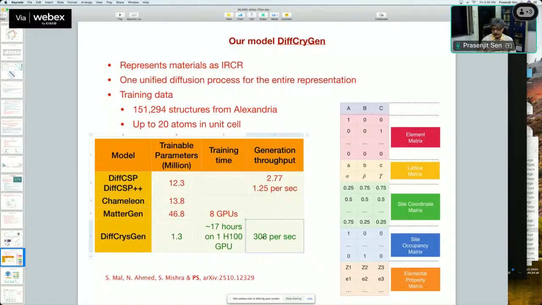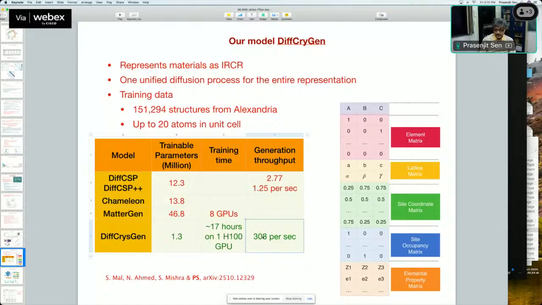That number is not available for MatterGen and Chameleon, but for DeepCSP and DeepCSP++, it is of the order of 1 to 2 or 1 to 3 materials per second. 1.25 materials per second, 2.77 materials per second, whereas DiffCSP can generate 308 materials per second. That's the kind of difference it makes.